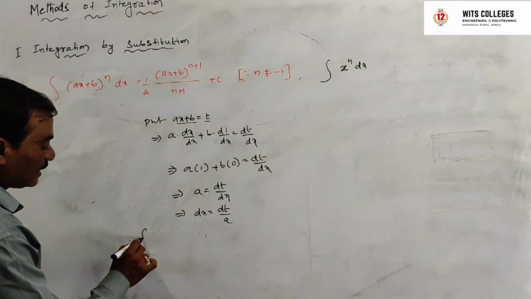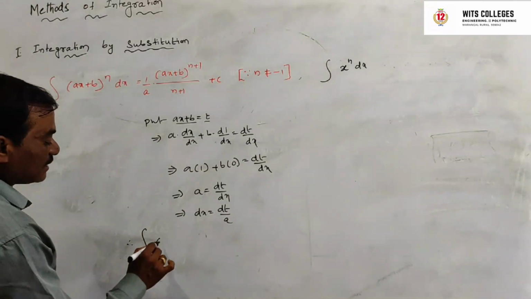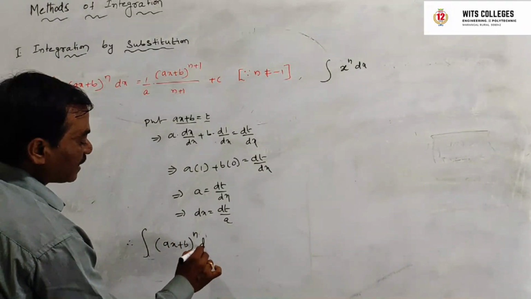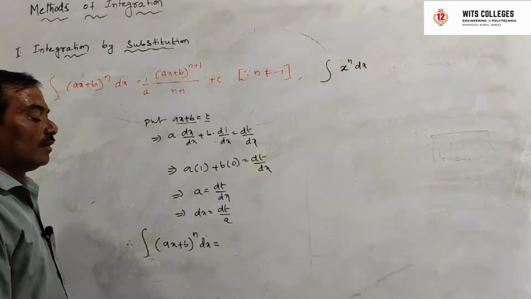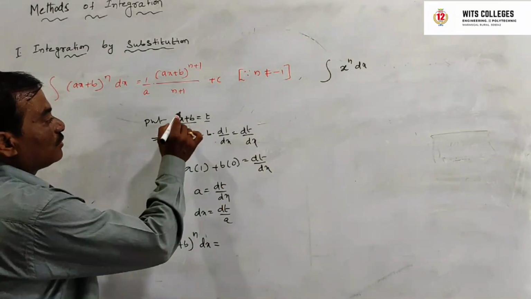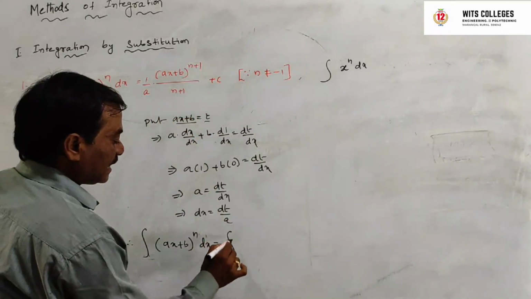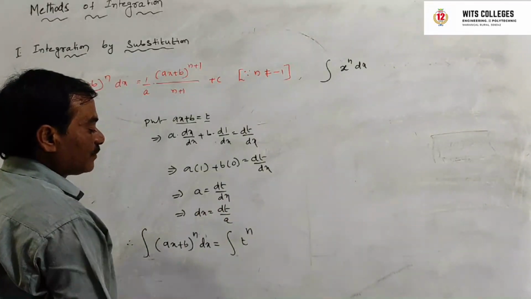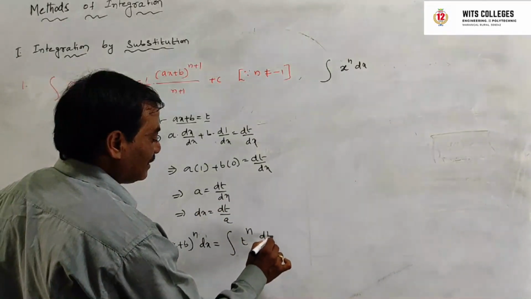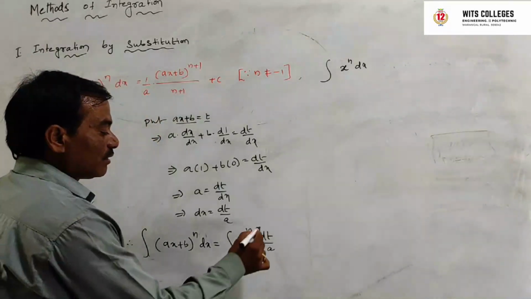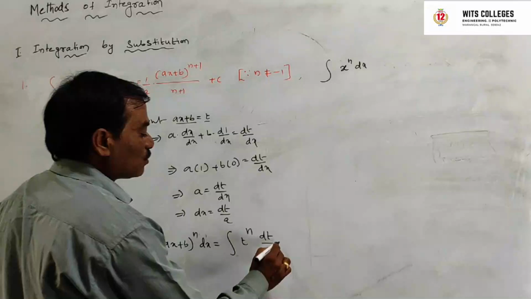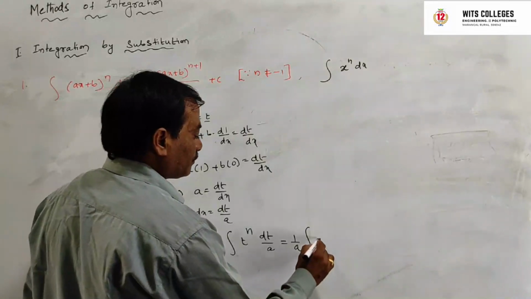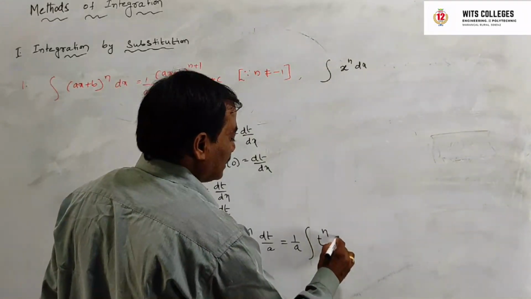So therefore the given integral, ax plus b whole to the power of n dx, is equal to, putting ax plus b equal to t, the integral becomes t to the power of n, and dx equals dt by a. Here 1 by a is a constant, so we write it outside the integral operator: 1 by a integral t to the power of n dt.